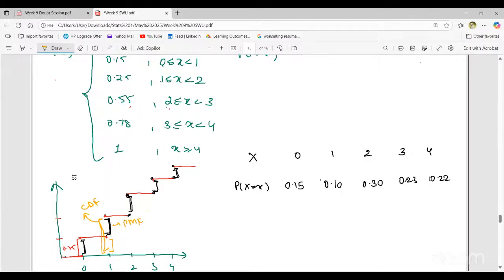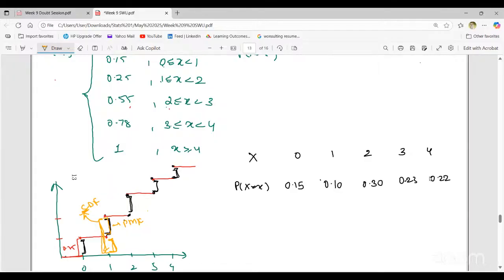CDF is what? Cumulative. This is the probability of 1 and this is the probability of 2, so we are adding both of the probabilities. We are taking the cumulative, so that's why this is cumulative. Now you understood? Got the point?